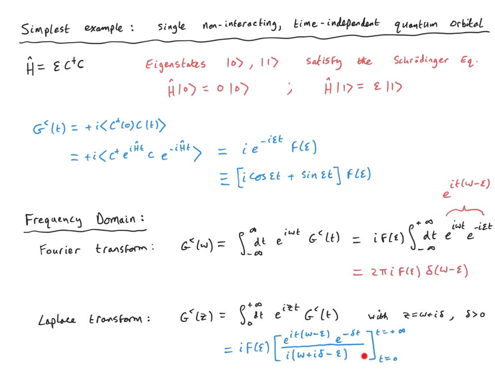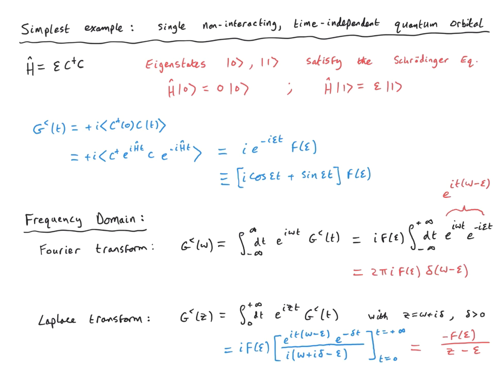On the bottom, we see explicitly that even if omega is equal to epsilon, this will not be a divide by 0 problem because we have a finite imaginary part. So overall, the integral converges. We have a well-behaved function. It evaluates to minus f of epsilon over z minus epsilon.